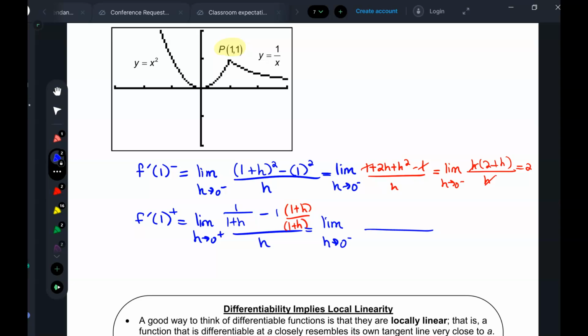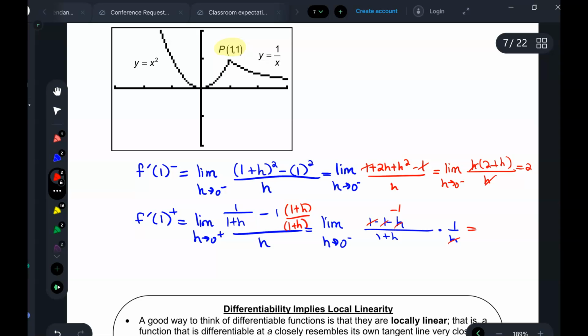It's going to be 1 minus 1 plus h, over 1 plus h, times 1 over h. You don't need to multiply both, just multiply it to the top, because it's just a 1. Okay, and our 1s are going to cancel. The h's are going to cancel, but I still have a negative 1 on top. So I get negative 1.